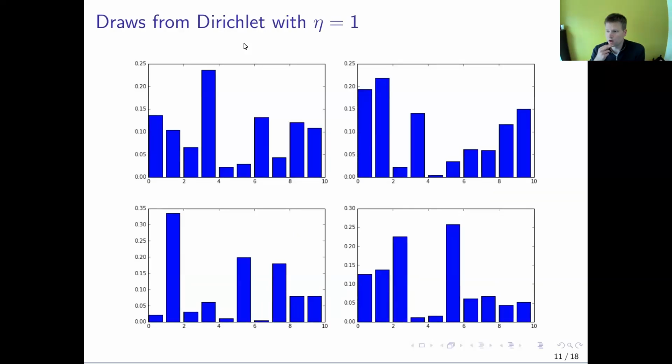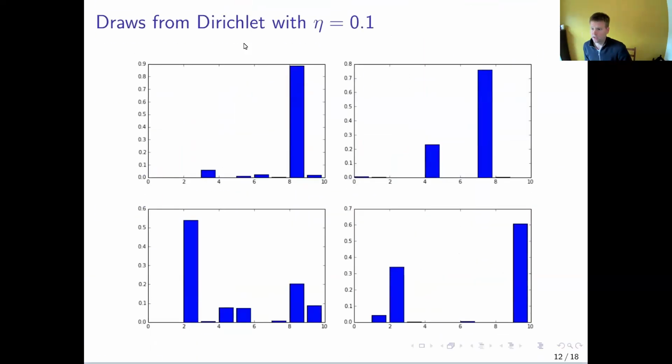I can't draw a 10-dimensional Dirichlet, but I can sample from it. This slide is 4 different random draws from a 10-dimensional Dirichlet. So in this case, V would equal 10. And this gives you a sense of where I lie on the 10-dimensional simplex in these 4 random draws.